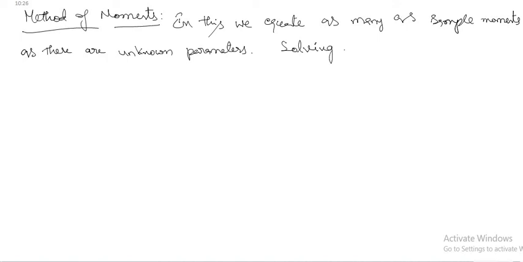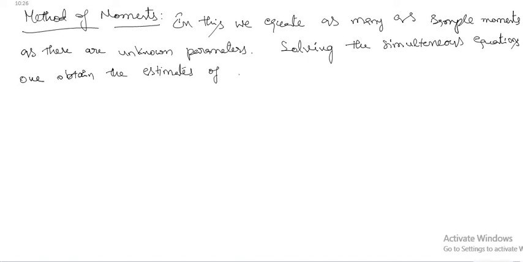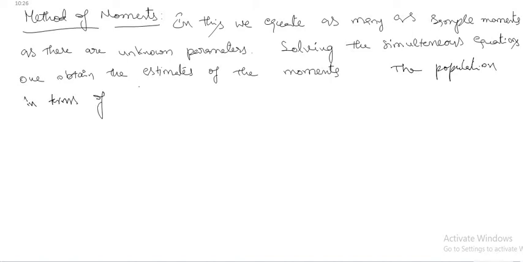Solving the simultaneous equations, one obtains the estimates of the moments of the population in terms of sample variates. Just read those two points. I will explain.